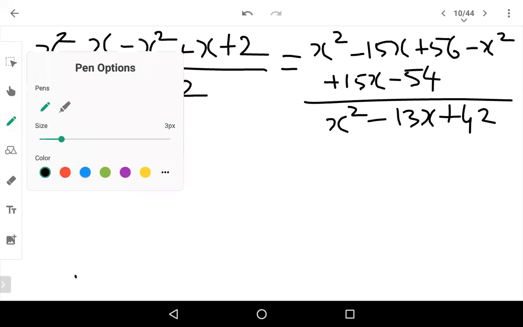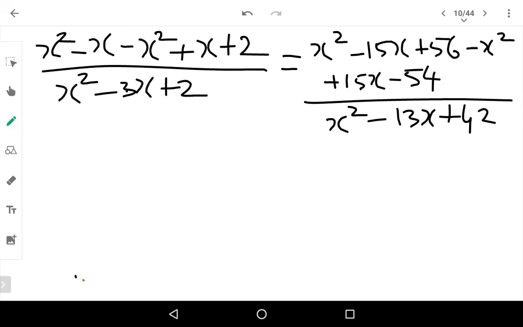Now, let us see where all we can cancel the squares. If you see here, plus x square minus x square can be cancelled. Similarly, plus x minus x can be cancelled. Yes, this is on your left hand side.